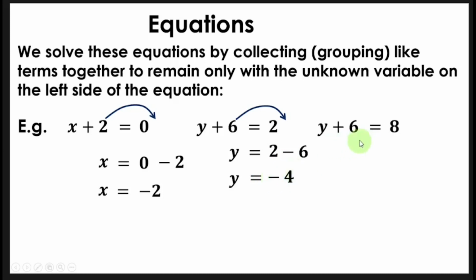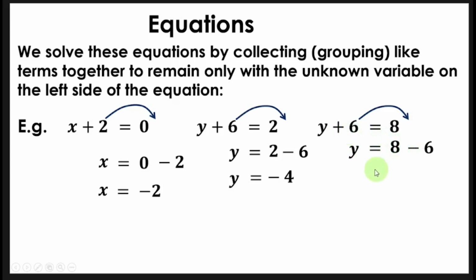Then here you have y plus 6 is equal to 8. You realize that 6 and 8 are numbers, so they must be collected together. So 6 must move to the right side of the equal sign. We remain with y on the left side. So we have y is equal to 8. So 6, when it crosses, it becomes negative because it is positive.